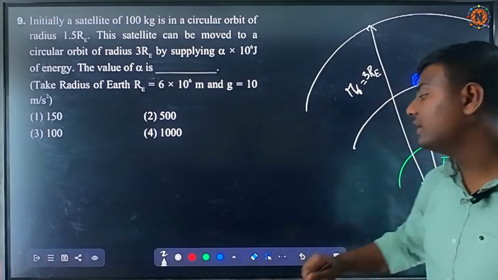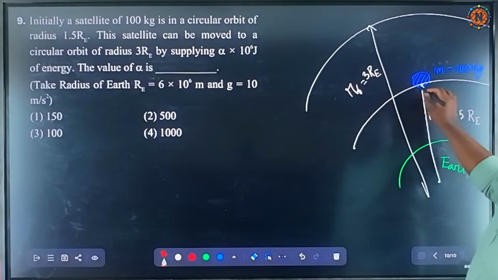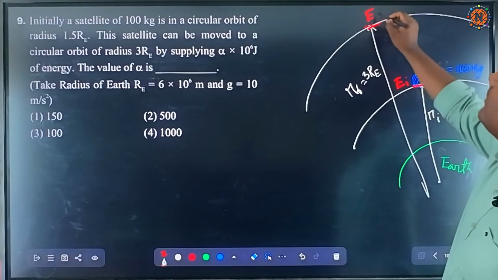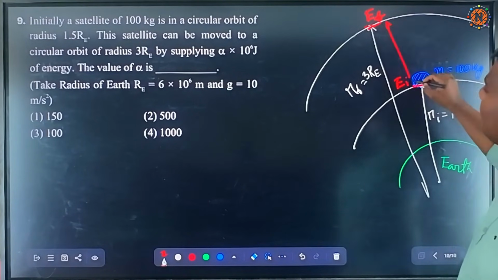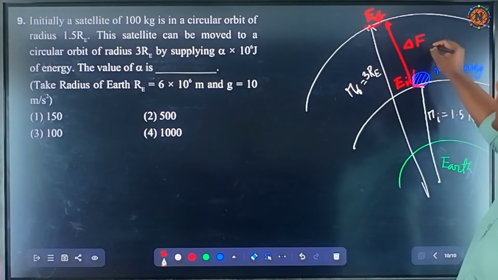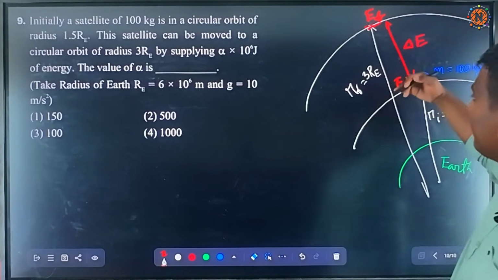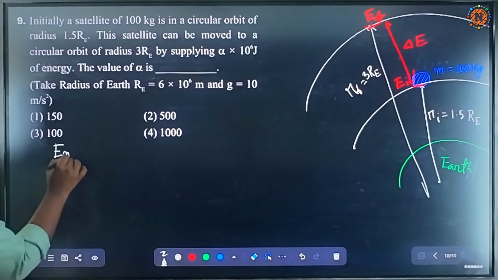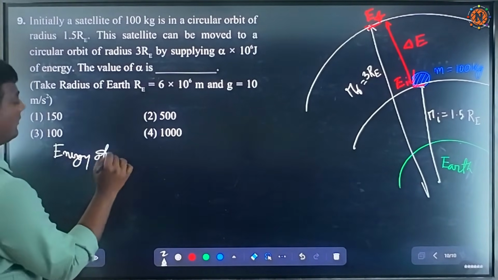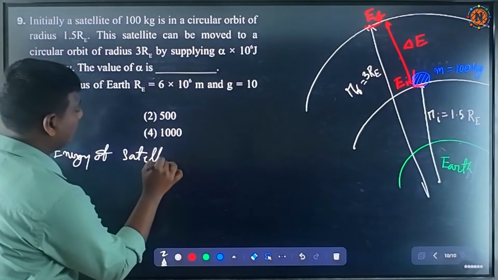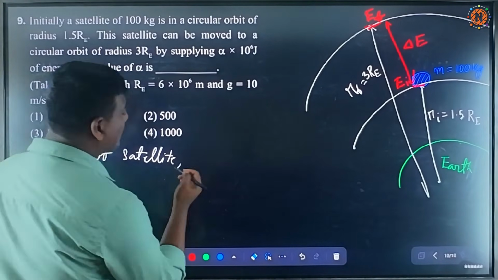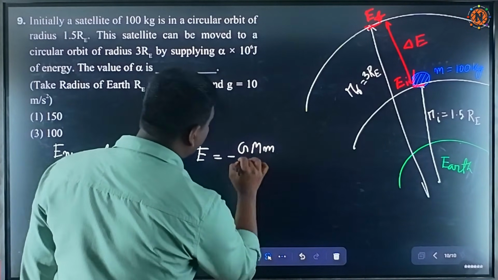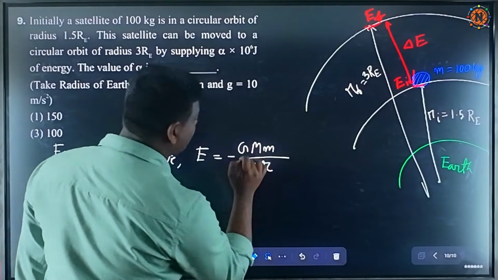So we can find the energy at this point. This is the initial energy, and at this orbit it will have final energy. So if you give the change in energy to the satellite, then the satellite can get from this orbit to this orbit. Yes or no? So we know the energy of a satellite at any circular orbit can be written as E equal to minus GMm by 2r.